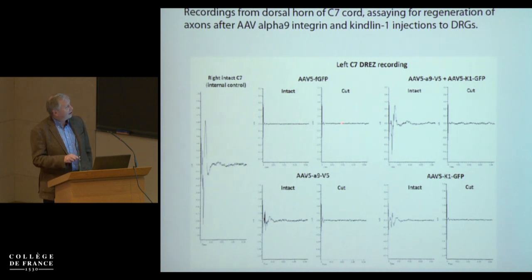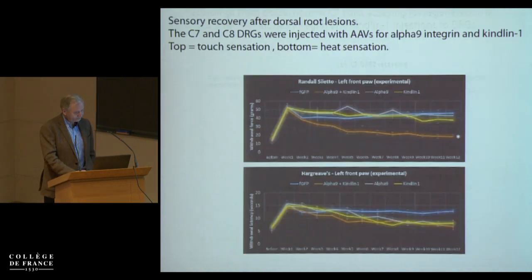If we take control animals with no treatment, basically there's nothing that goes into the spinal cord. If we take alpha-9 alone, we get some regeneration. Kindlin alone, we get some regeneration, but the combination gives us a much larger connection, and this is not normal. It's about half normal size in terms of the postsynaptic potentials.